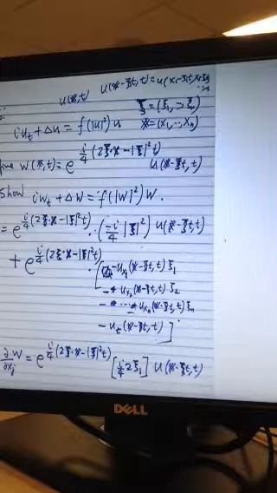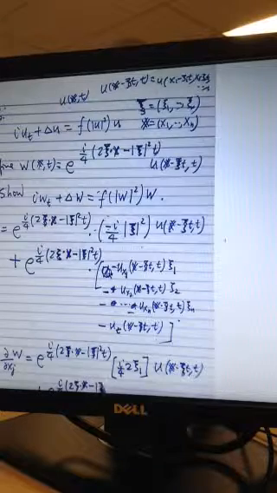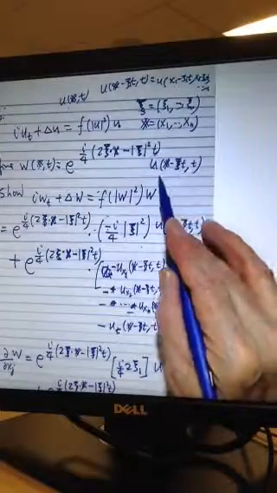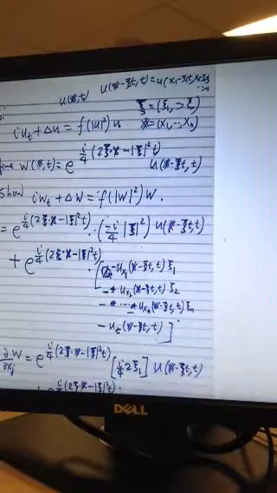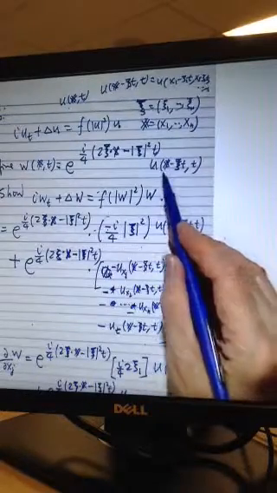And then plus, now I have the second term, using the product rule: e^{i/4 (2c·x - |c|^2 t)}. The second term is this guy, differentiated with respect to x, so u_{xj}.